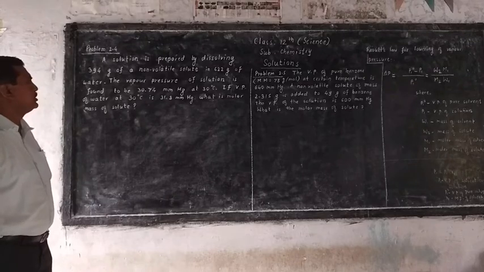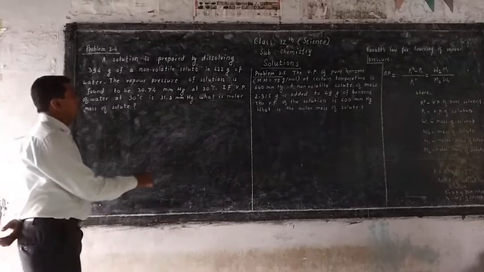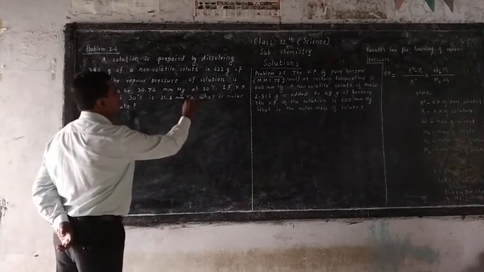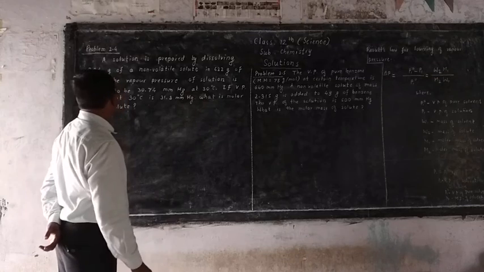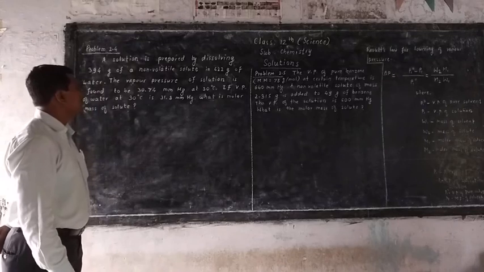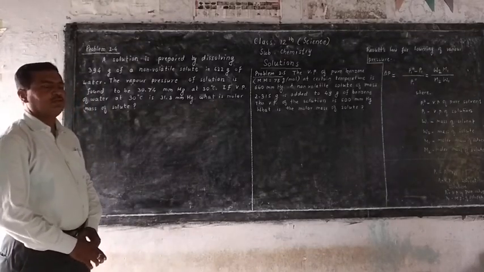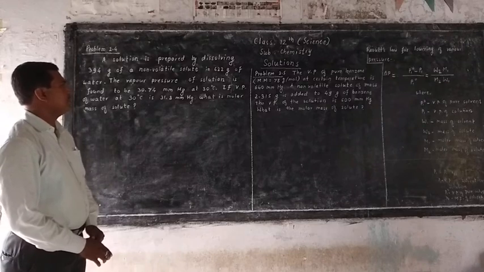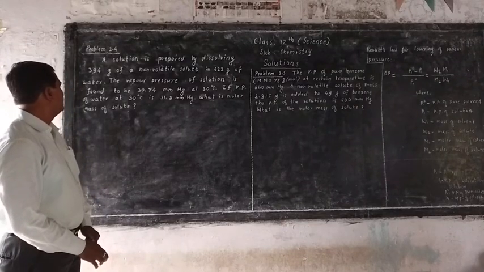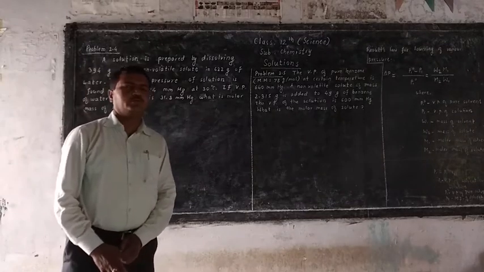The vapor pressure of solution is found to be 30.74 mm of mercury at 30 degrees Celsius. If vapor pressure of water at 30 degrees Celsius is 31.8 mm of mercury, what is the molar mass of solute?